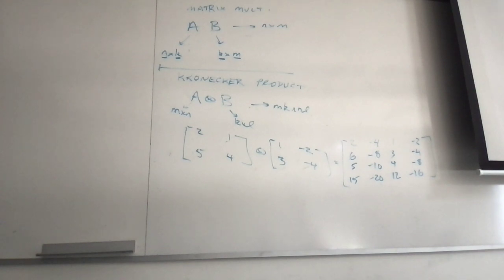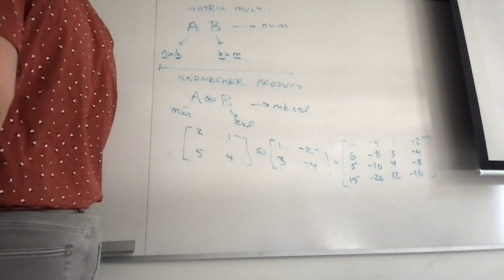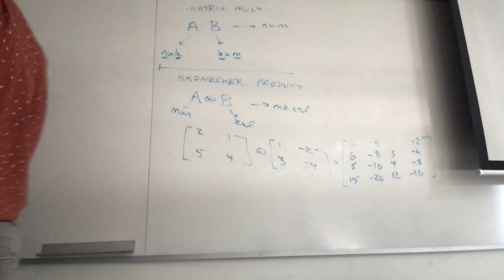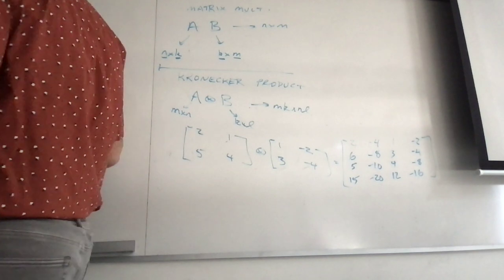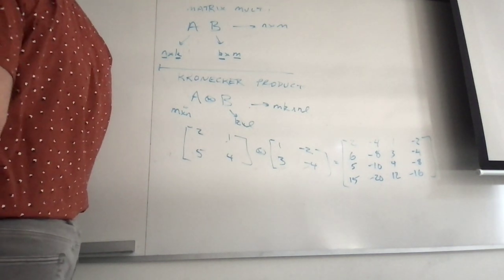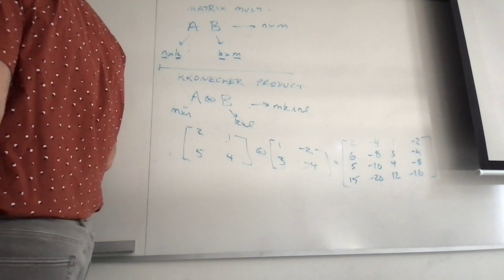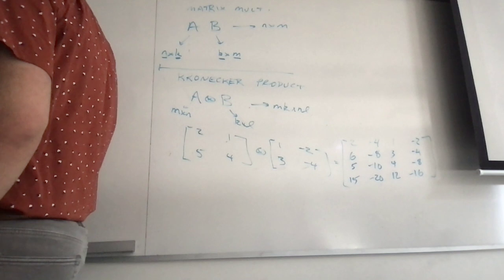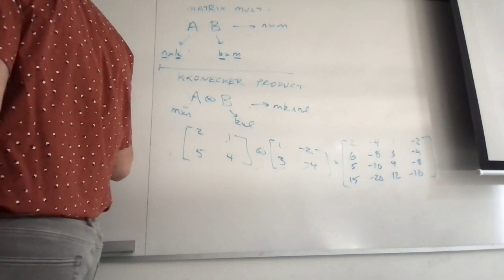The way it's computed is you just do entry by entry. So 2 times 2 is 4, 1 times 4 is 4, 3 times 3 is 9, 2 times 1 is 2, and so on. 2 times 3 is 6, 3 times 1 is 3, 2 times 4 is 8, 3 times 2 is 6, 1 times 1 is 1, 2 times 3 is 6, and 3 times 2 is 6.